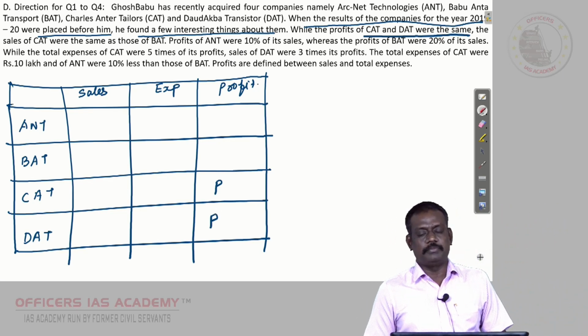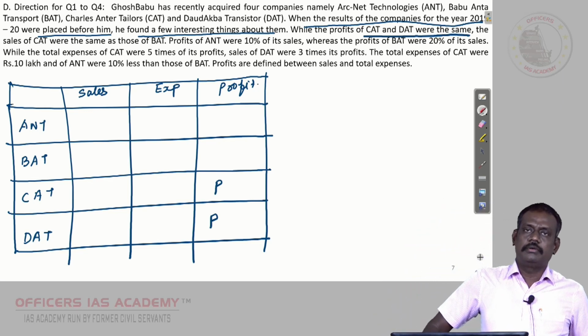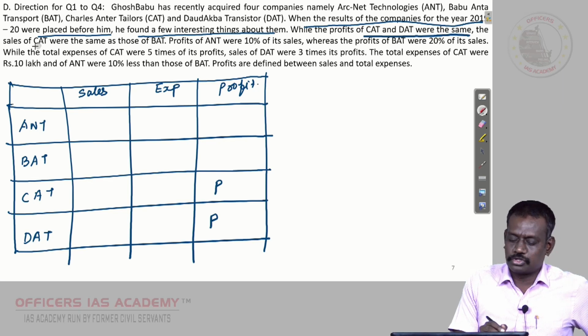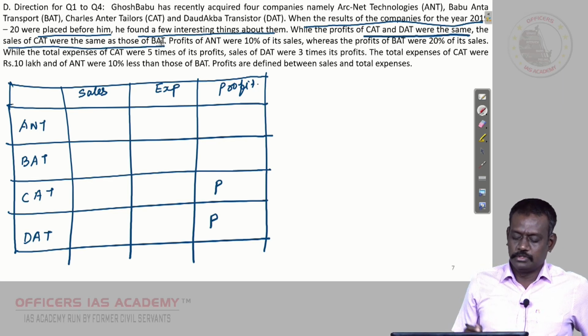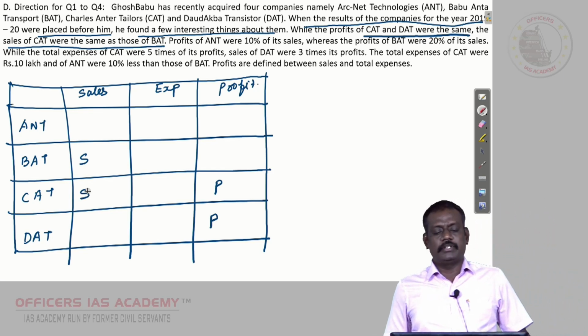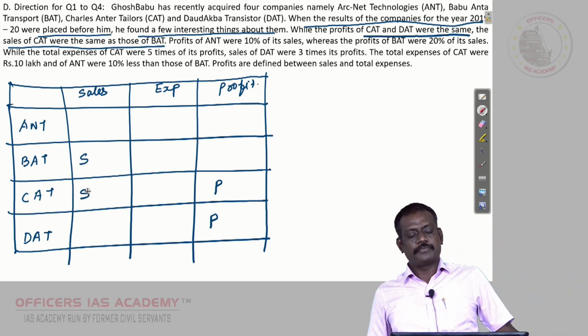So I am taking it as P and P. Understood, children? And the sales of Cat were the same as those of Bat. So I am taking it as S and S.